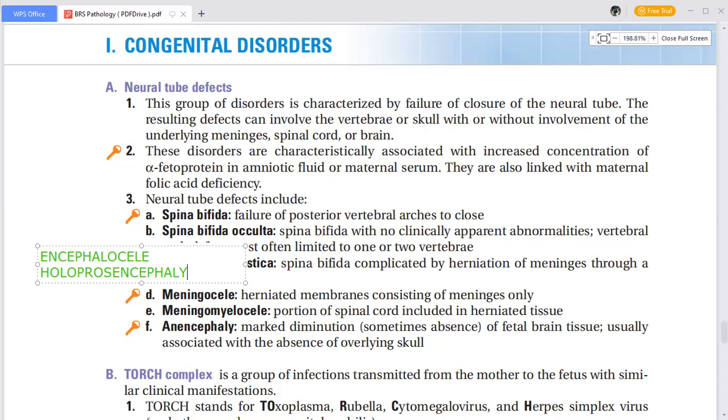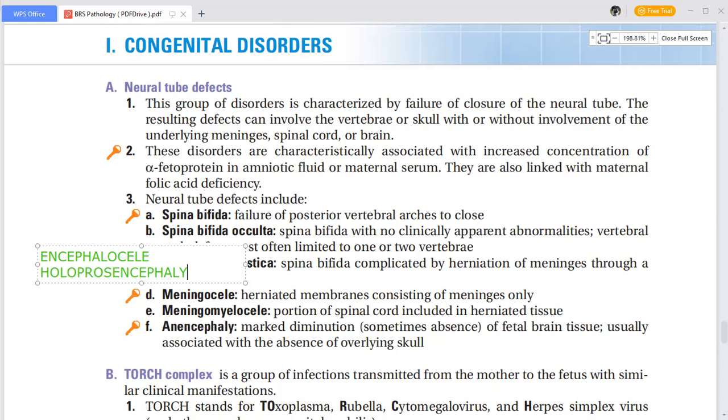Remember what we said when we were discussing anatomy: we have the corpus callosum, which are commissures. In holoprosencephaly there is incomplete demarcation between the two hemispheres, which are supposed to be separated and connected by commissures such as the corpus callosum. They are not completely separated. That is very important, guys.